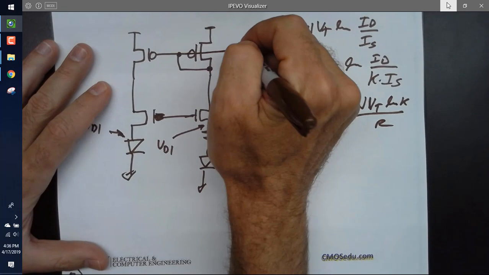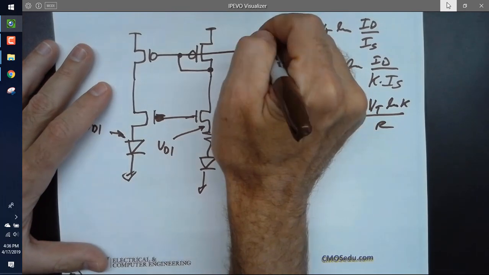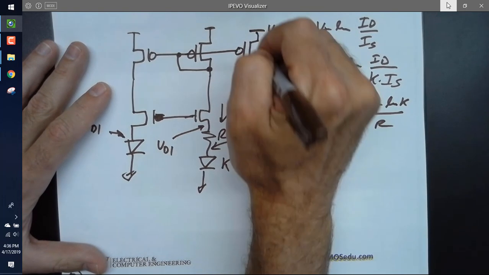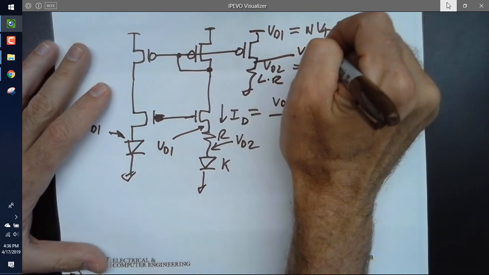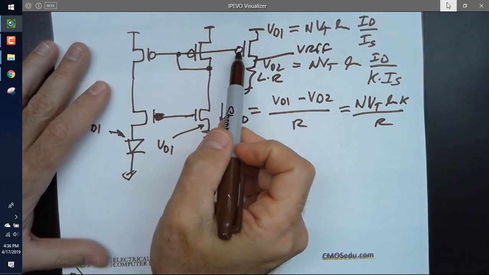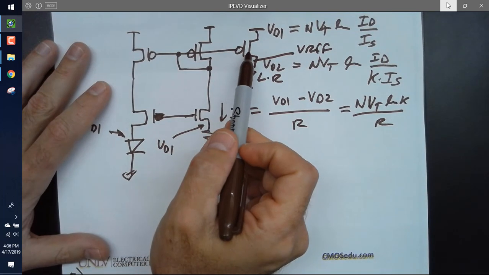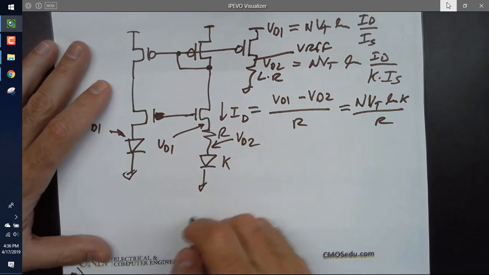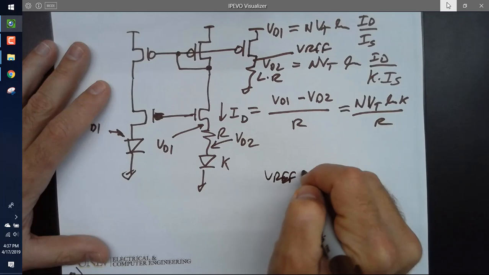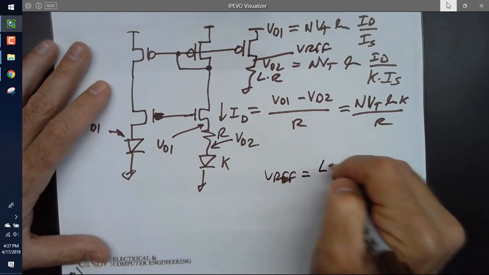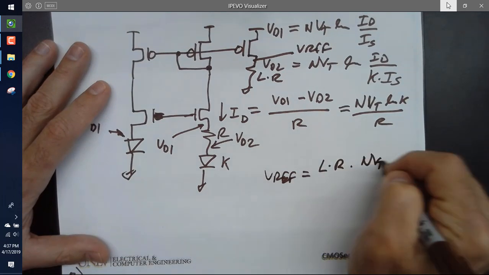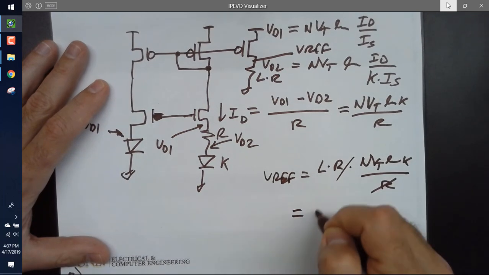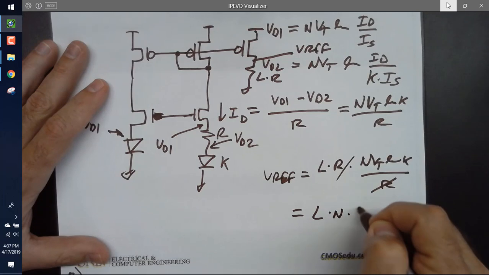If we take those and we go to L times R, and we call that our reference voltage, then what do I know about the current in this device? It's mirrored over here, and it's this current, and so I write Vref is equal to L times R times NVT natural log of K over R. The R's cancel, and I get Vref equals L times N times VT.